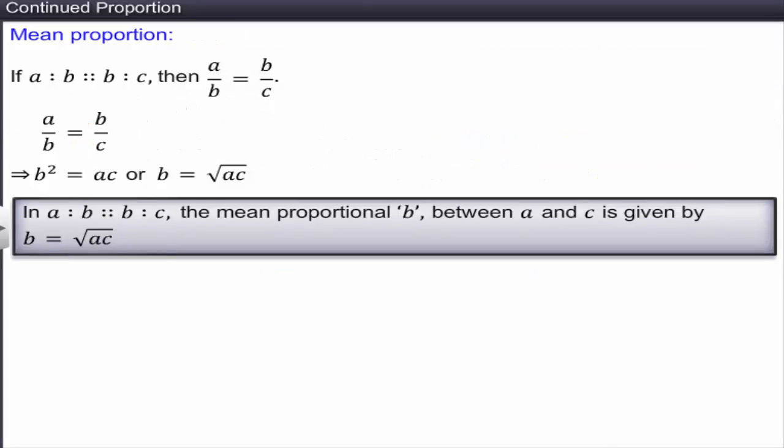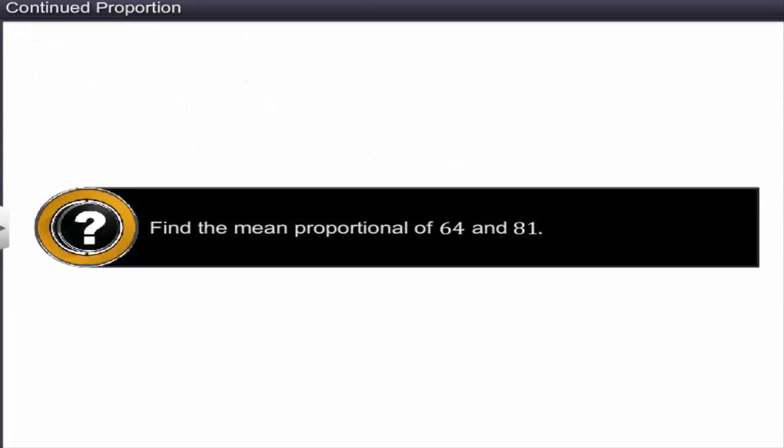Let's see an example. Find the mean proportional of 64 and 81.